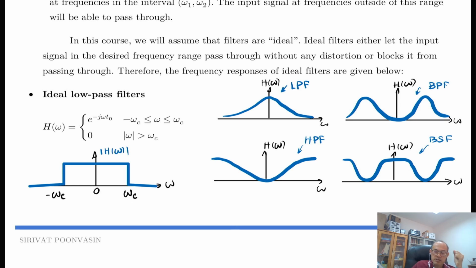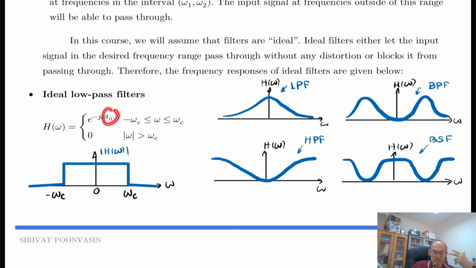Okay, and the frequency response is given by this complex exponential function. The parameter t0 means that the filter may delay the output by a certain amount of time. Okay, it is not perfect. It may delay the input by t0. If t0 is 0, it means that the filter doesn't delay the input at all.